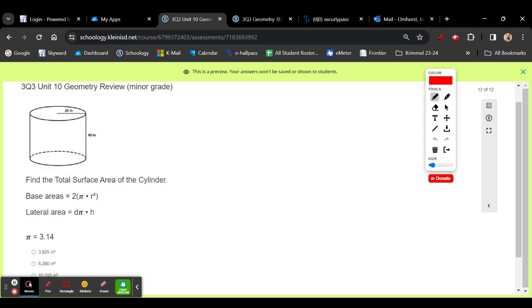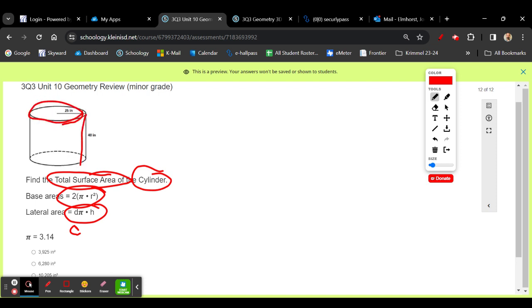All right, and last one, best one for the review. This is looking for the total surface area of a cylinder, and some formula information is given here. So we need the circumference of the lateral area. We need the circumference, and then multiply that by the height. So in order to get the circumference, we need diameter.